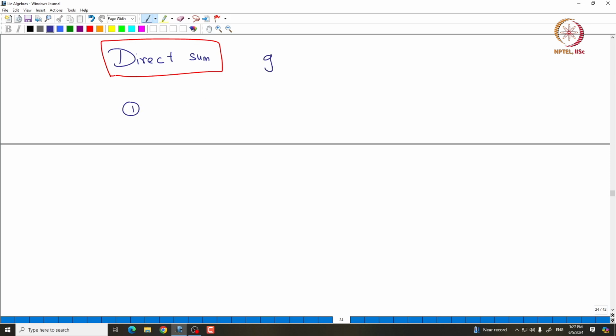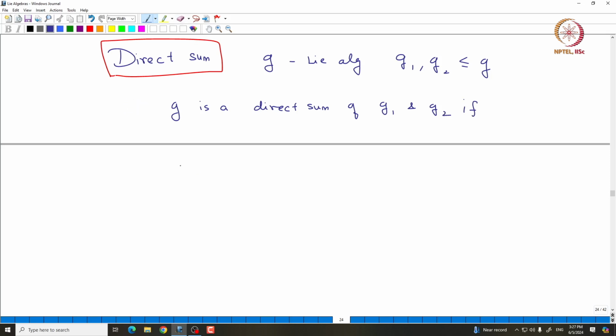You start with G, which is a Lie algebra, and let G1, G2 both be subalgebras of G. Then we say G is a direct sum of G1 and G2 if the following are satisfied. If we take G, then that should be equal to G1 plus G2. That is the first condition. The second condition: G1 and G2 must both be ideals inside G.